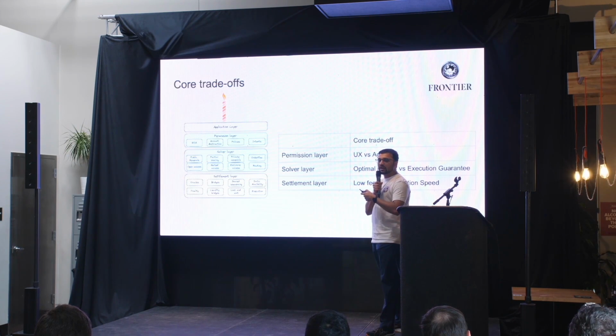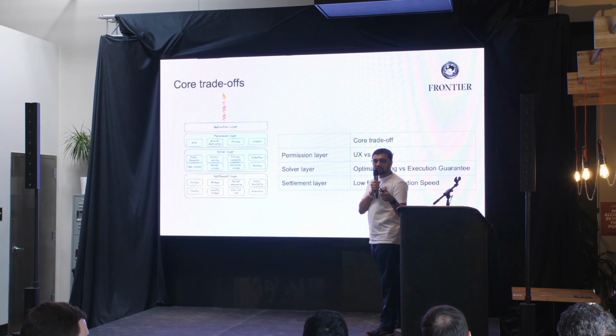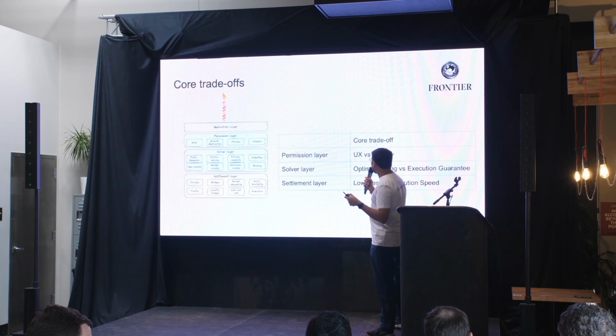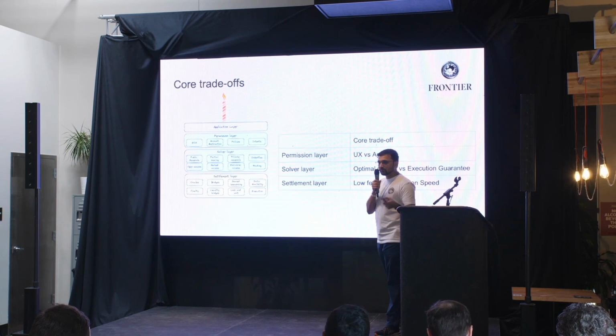But if they want better UX, they would give control to the solver in between. So you have things like account abstraction or policy-based wallets, which are Telegram bots or what Mir is building, as examples of these permission layer infrastructure options, which give more UX improvement to the user.